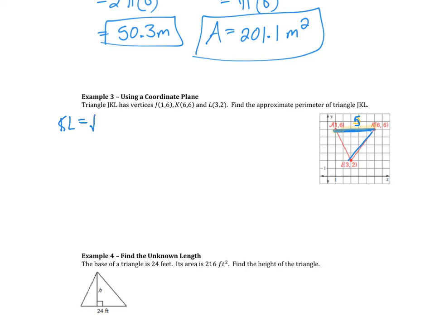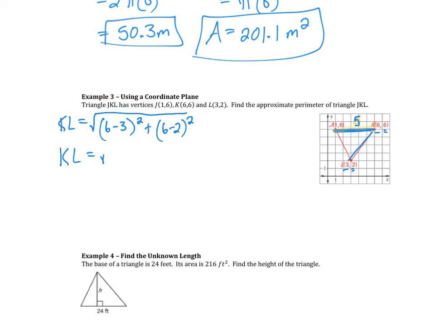So the distance formula is the square root, okay? And you have to take the x values and subtract them. So the x's are 6 and 3. So it's 6 minus 3 squared. Plus, now you take your y values, 6 and 2. So 6 minus 2 squared.